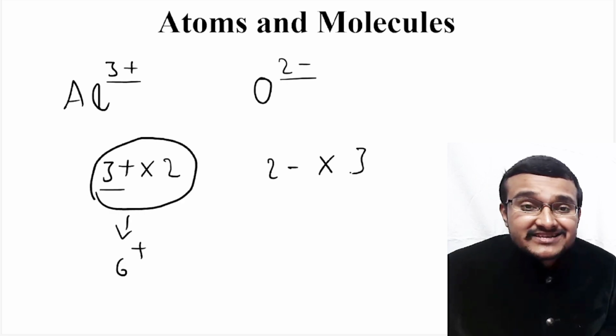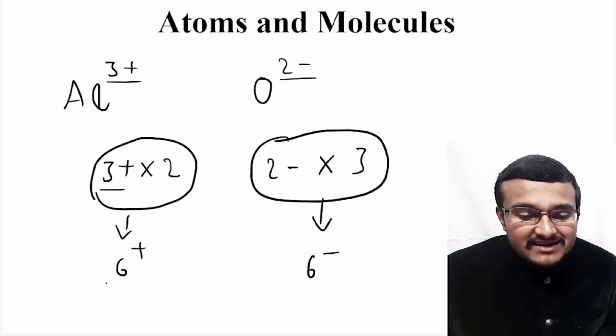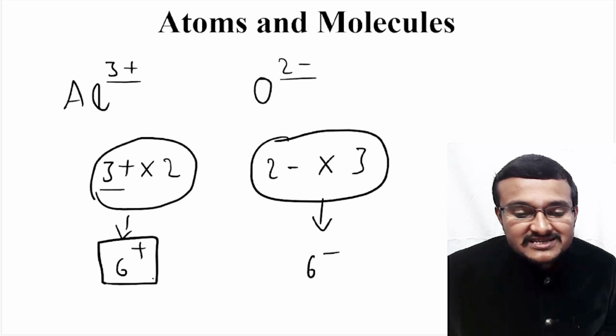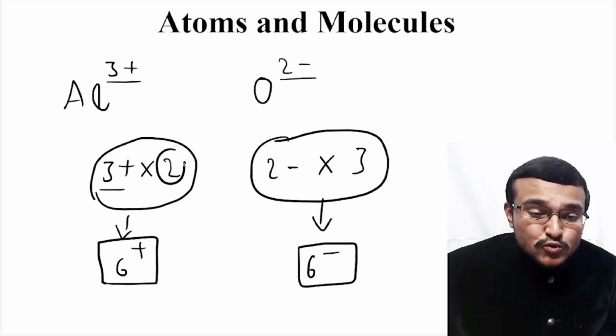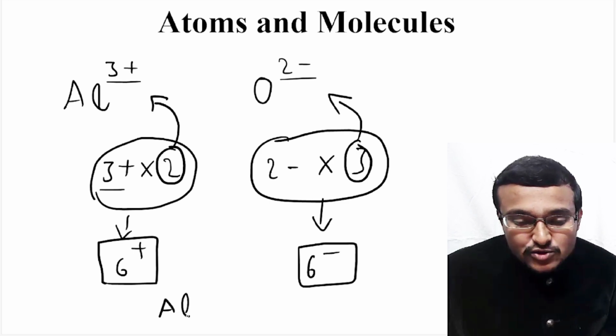And if you multiply 2 minus with 3, then you will get 6 minus. So now you can easily cancel out this 6 plus and 6 minus charge. That means here 2 atoms of aluminium will be combining with 3 atoms of oxygen. So how will it combine? Al2O3 will be the combination.